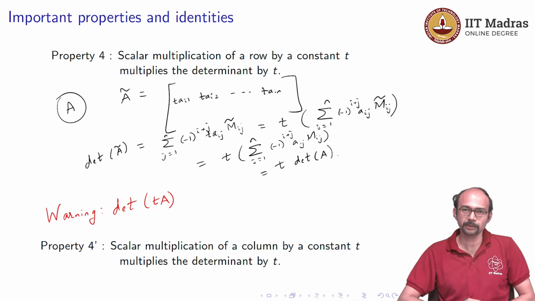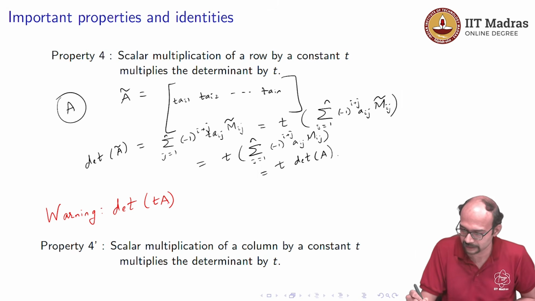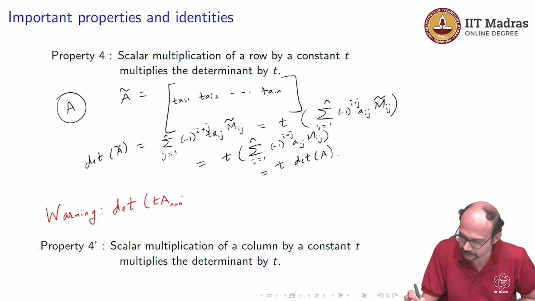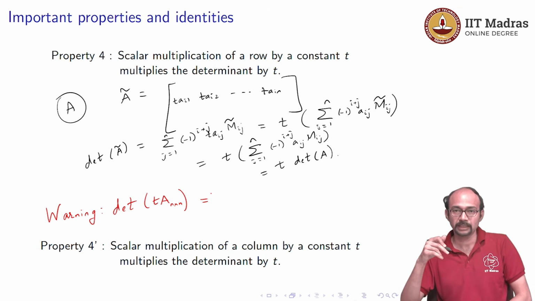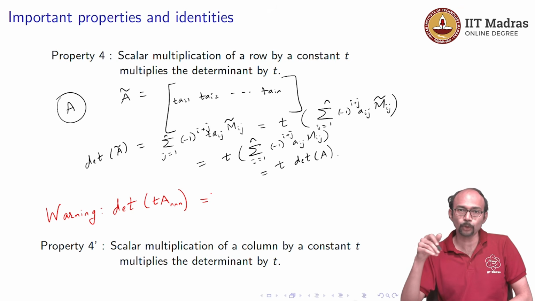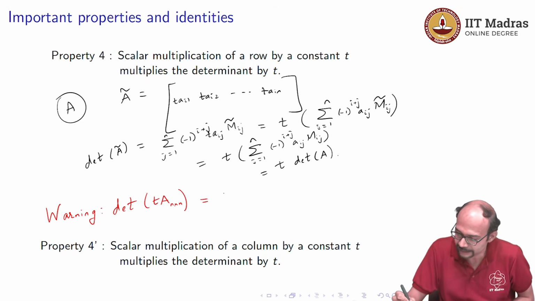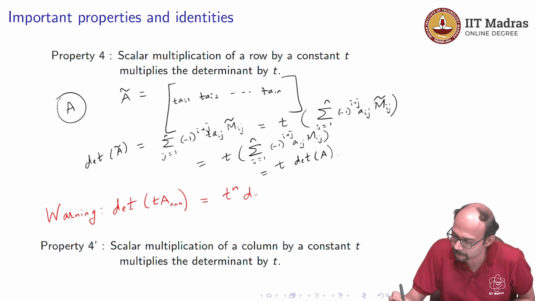So scalar multiplication of matrices means you multiply each entry of that matrix by that scalar. Okay, so if you do that, and this is an n by n matrix, then this is like multiplying not just one particular row or one particular column by t, but every row or every column by t. Okay, so you will pick up a t in the determinant from each row. So what you will get is t to the power n times determinant of A.